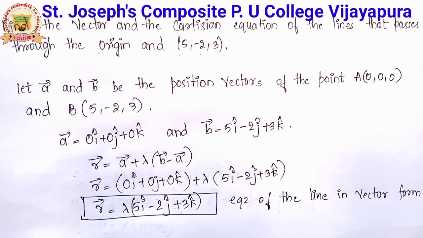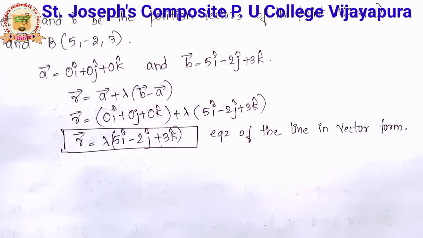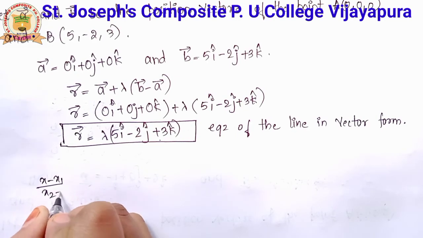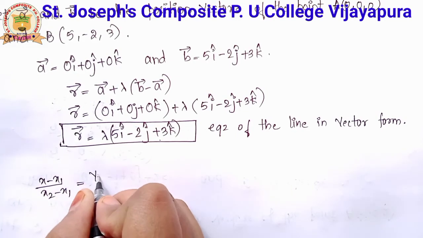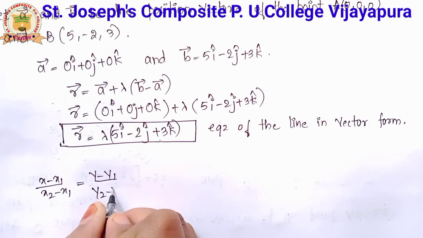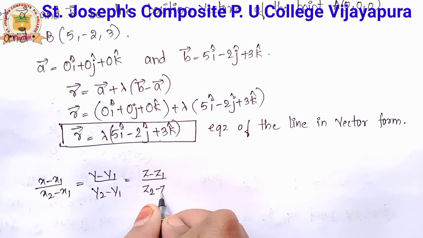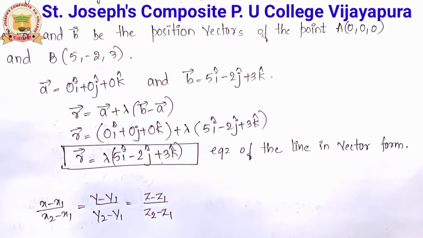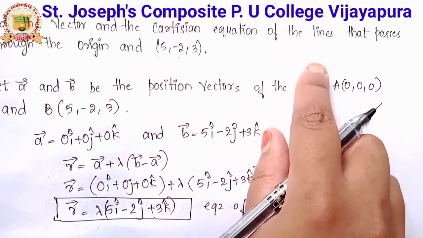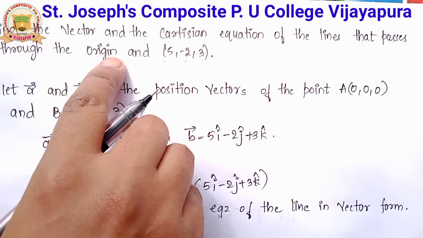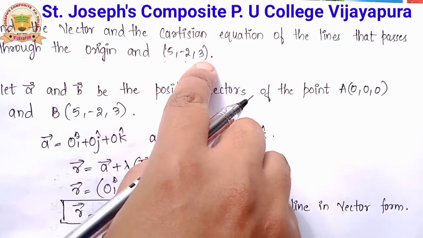And already we know the equation of the line passing through two points in Cartesian form is (x minus x1) by (x2 minus x1) is equal to (y minus y1) by (y2 minus y1) is equal to (z minus z1) by (z2 minus z1). Take (0, 0, 0) as x1, y1, z1 and (5, -2, 3) as x2, y2, z2.